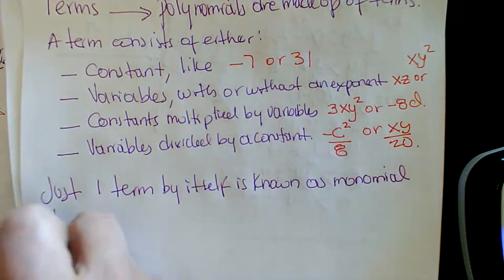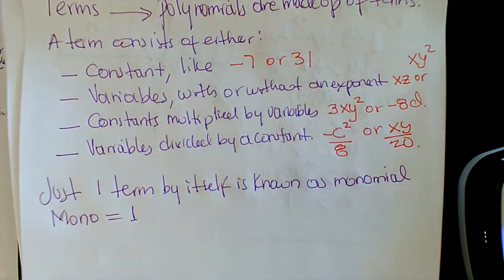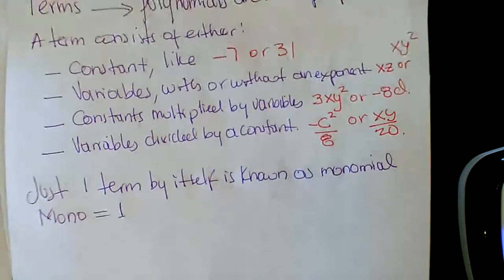Okay? Mono means one. Like when we said monopoly, it's one company in the market.